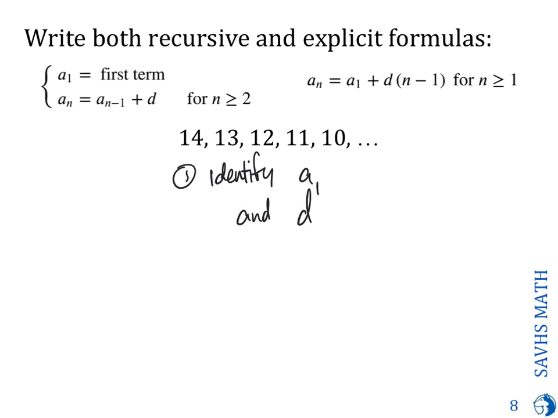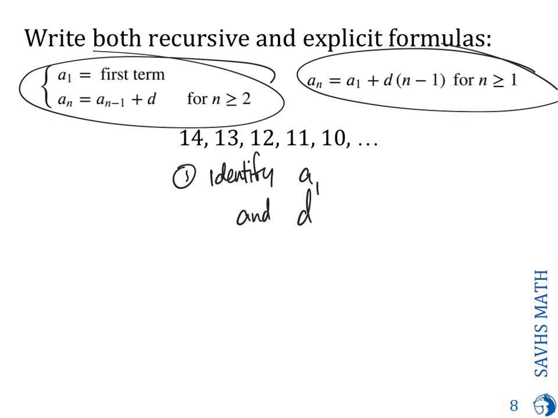Once you have that, you can just copy down these two sequence formulas exactly the way they're written, except instead of writing first term, or A1, you write what the first term is. And instead of writing D, you just write what the common difference is. So try that right now.